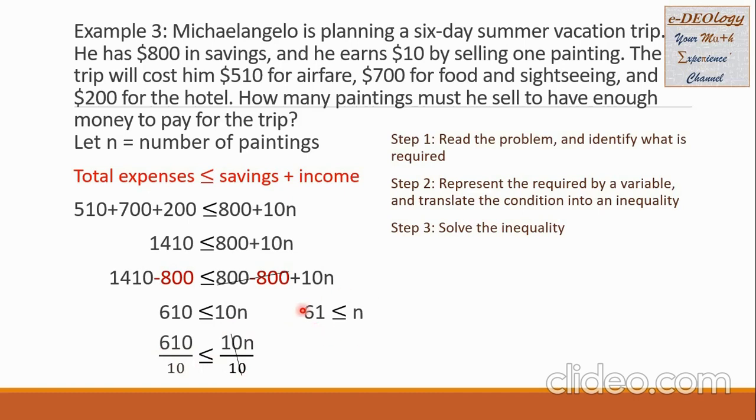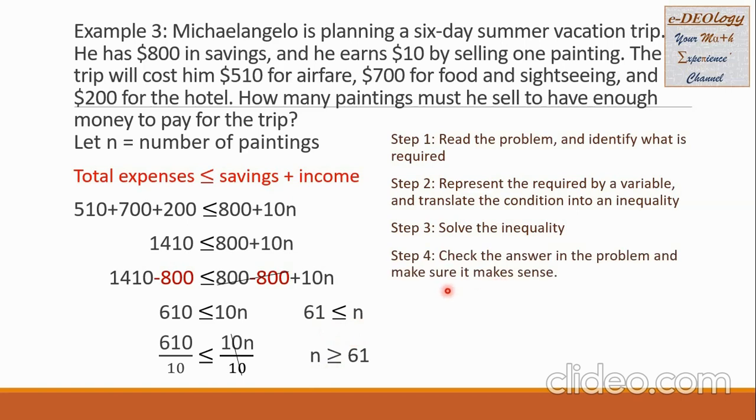So our inequality is 61 is less than or equal to n. We want to make this n be on the left side and the 61 on the right side. If we put the n first, look at the sign now. The less than or equal to becomes greater than or equal to. And then the 61 is now on the right side.